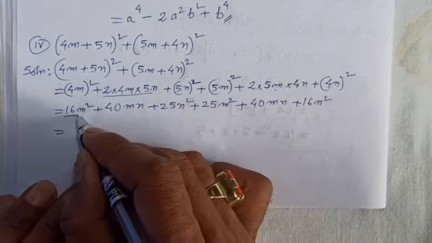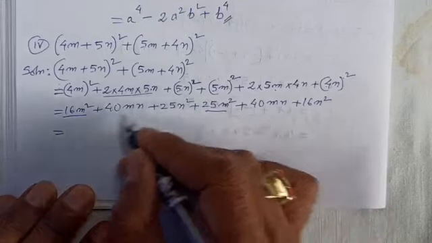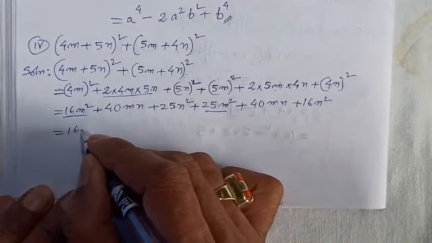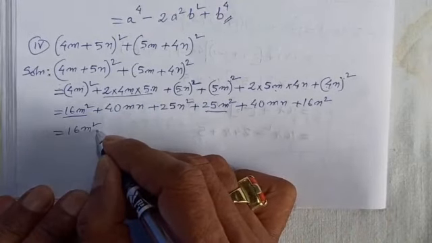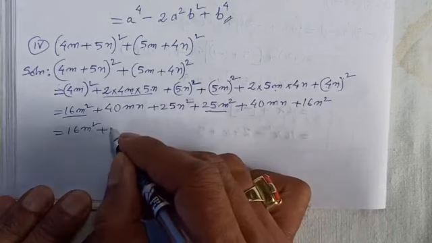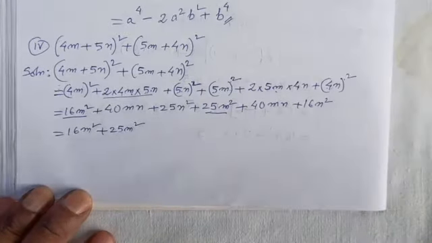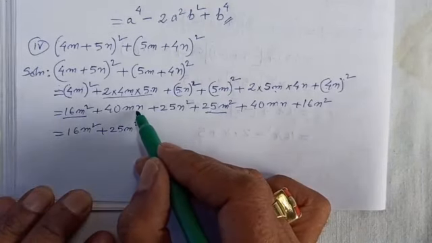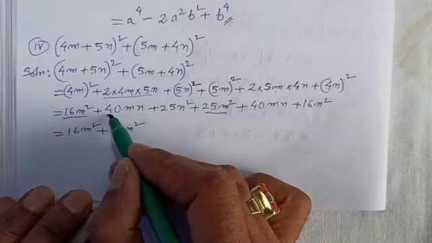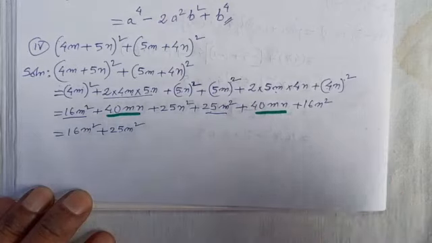So this and these two are like terms. 16 m square plus 25 m square. Here is mn, here is mn. So these two are like terms. So let's group these two together.